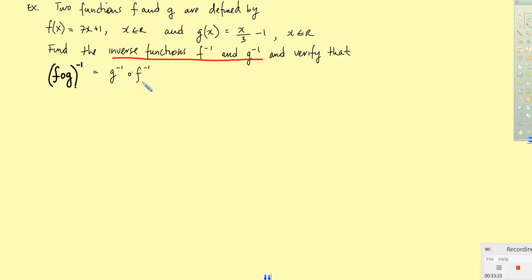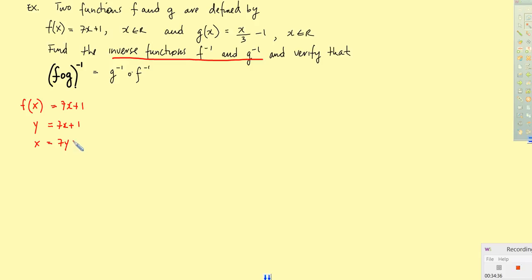Okay, so what I'm going to do first is find g inverse and f inverse. So I'm going to take f of x equals 7x plus 1, and I'm going to say y equals 7x plus 1, and swap my x's and y's.